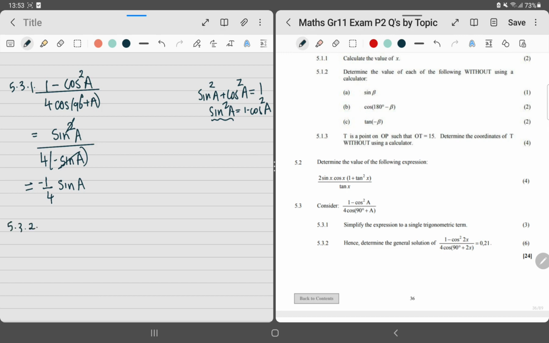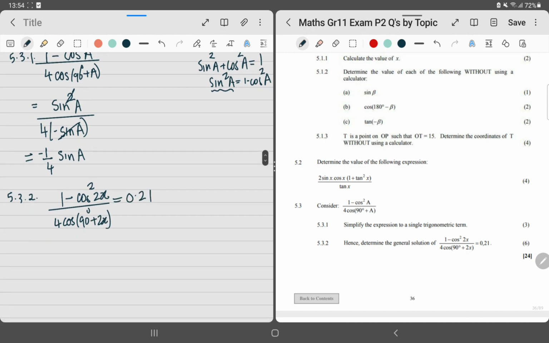5.3.2. Hence, determine the general solution of that. Whenever they use hence, it means that you need to use the solution from the previous question. So this is 1 minus cos squared 2x over 4 cos of 90 plus 2x is equal to 0.21.